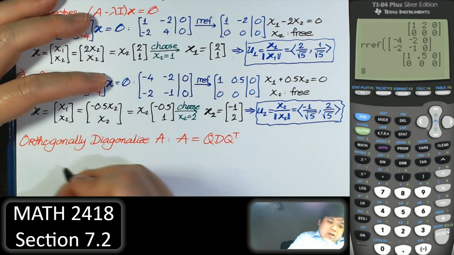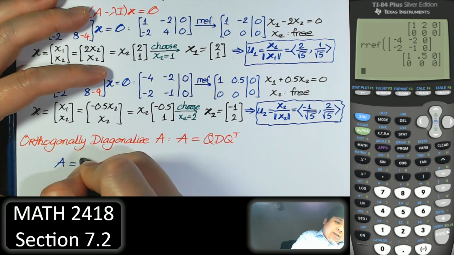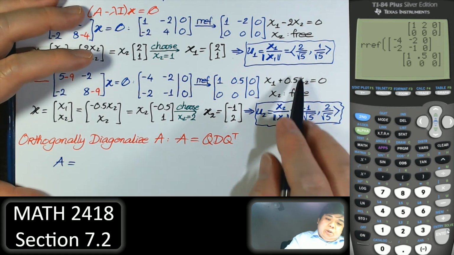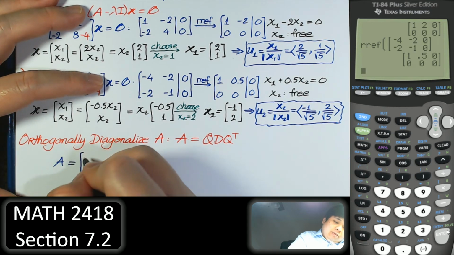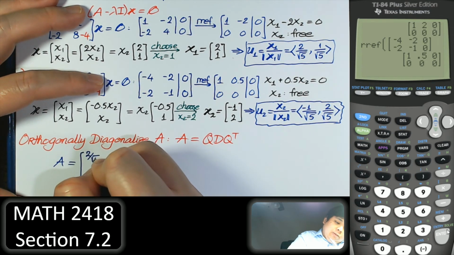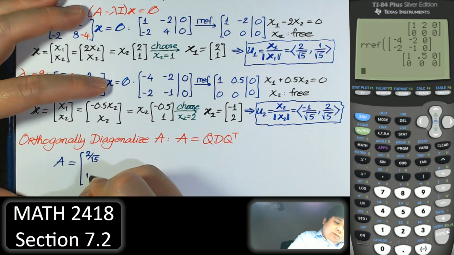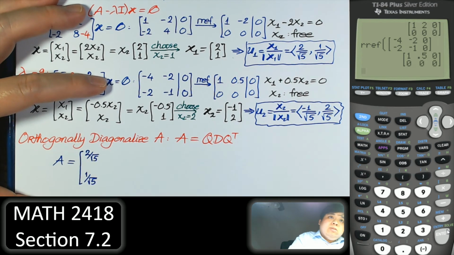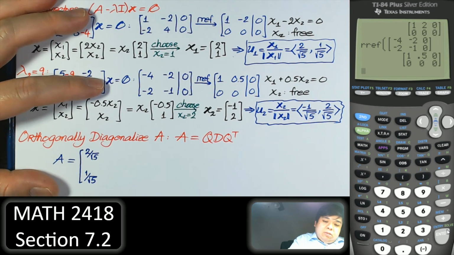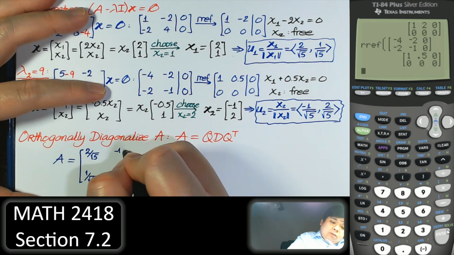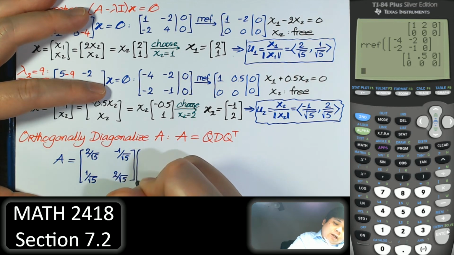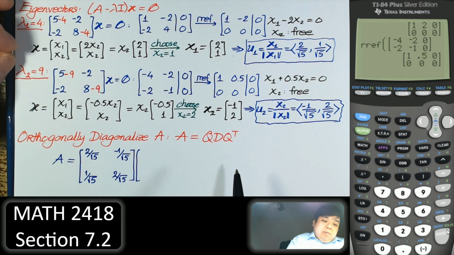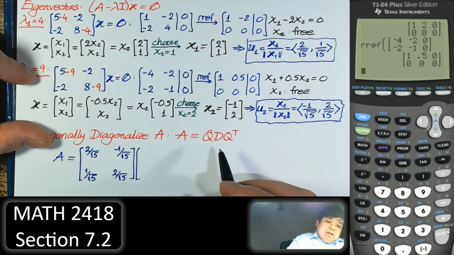In this case, A will be equal to Q, those two vectors stacked in columns, and then D will be the matrix of the eigenvalues, the first one and second.